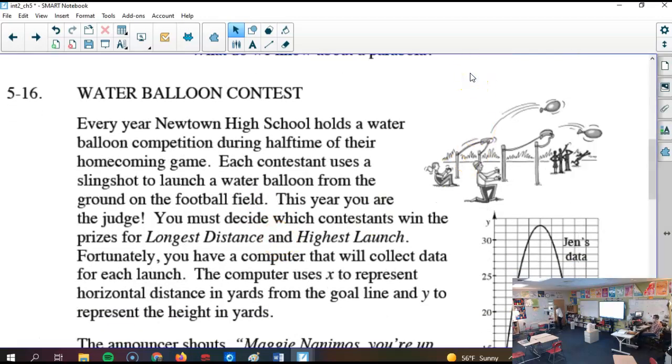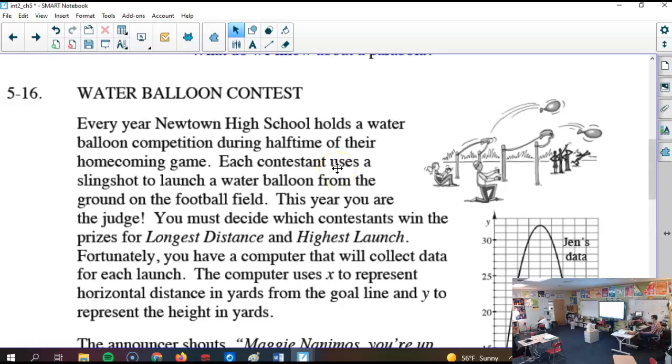So, here's your setup for tomorrow, and if you need it again tomorrow, it'll be recorded on my YouTube that you can go reference. But we have been asked to judge a water balloon contest. Now, fortunately, we've got all sorts of technology to help us out. There are little gizmos tracking the water balloons as they launch.